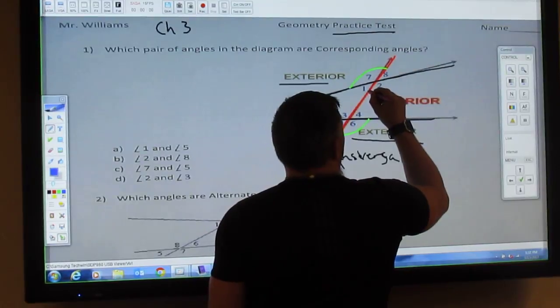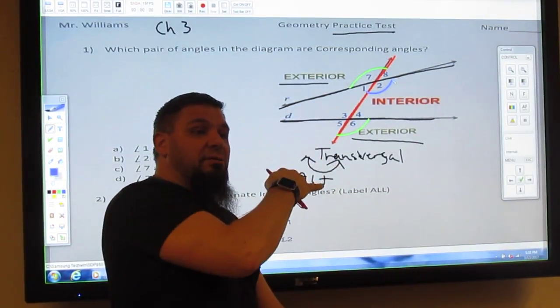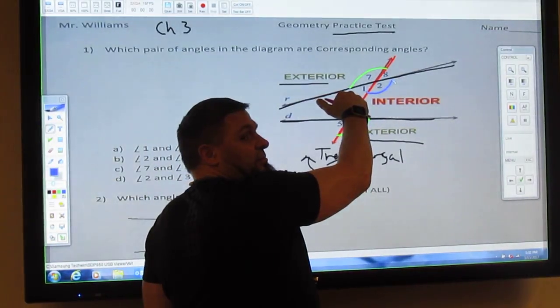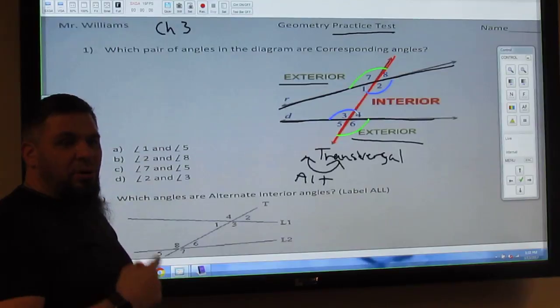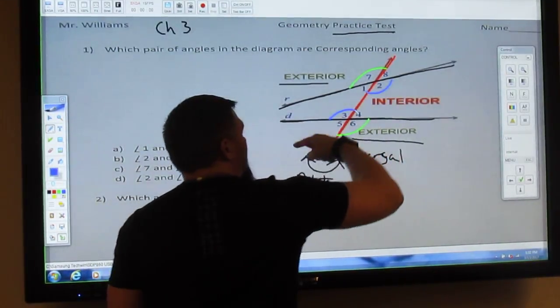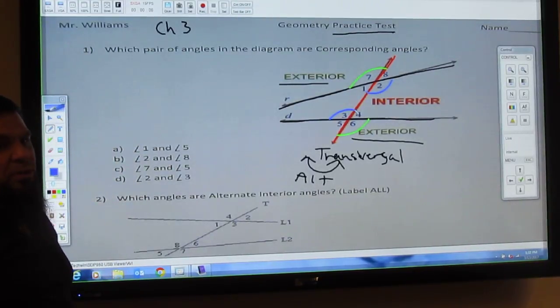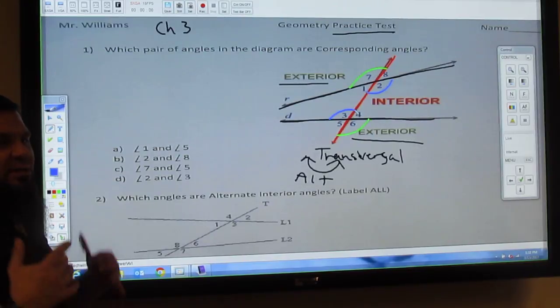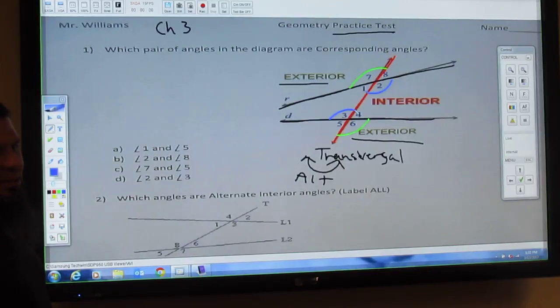So think of it like this. This guy's interior, and then we got to alternate to the other side. So the only one that's left, right? So alternate interior angles, right? Okay, and then there's what we call corresponding. Before I get to corresponding, I want to get to something that's a little easier. It's called same side interior.